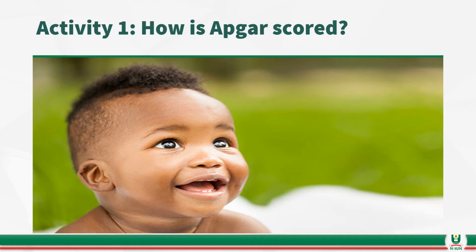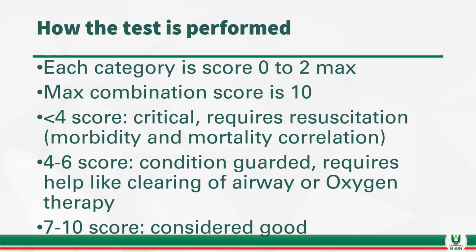So how is APGAR scored? Each category of those elements I listed earlier, which is the breathing, the heart rate, reflexes, muscle tone, and skin color, has a score from 0 to 2.